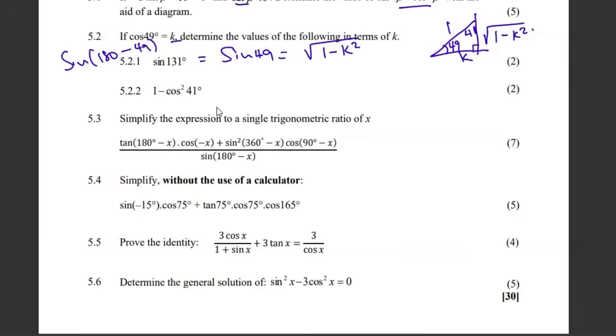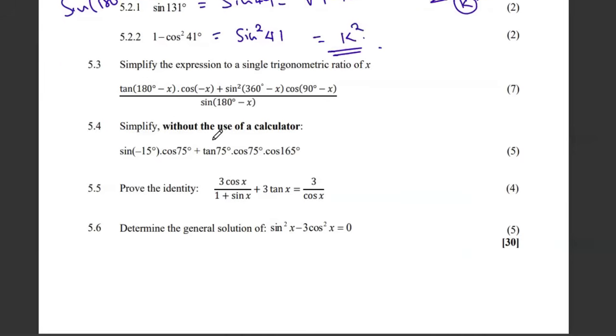And then 1 minus cos squared of 41 is the same as sine squared of 41. So if this is our 41, the opposite is k, the hypotenuse is 1. So that's just k over 1, which is k, but then I have to square it, and then it becomes k squared, since it is a sine squared.